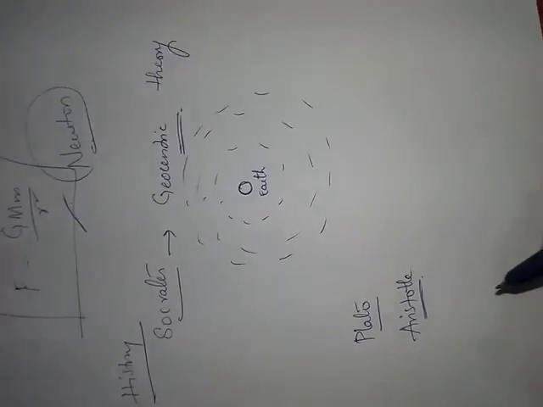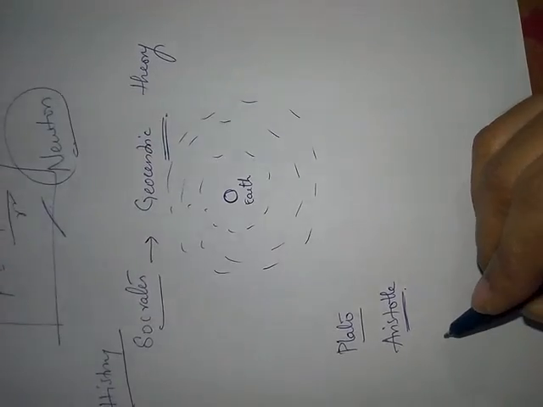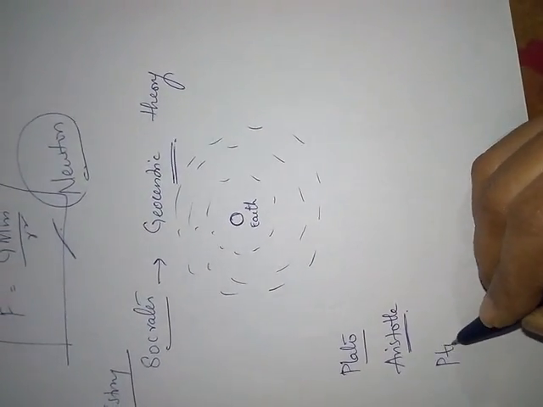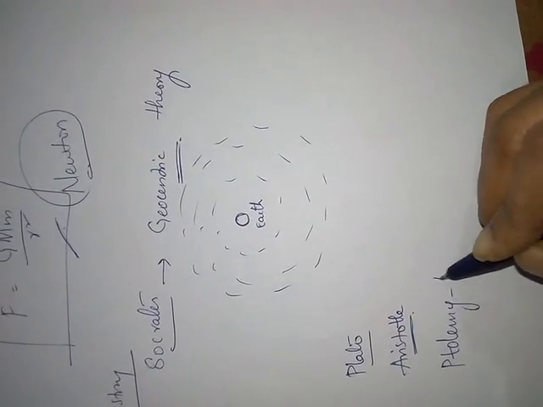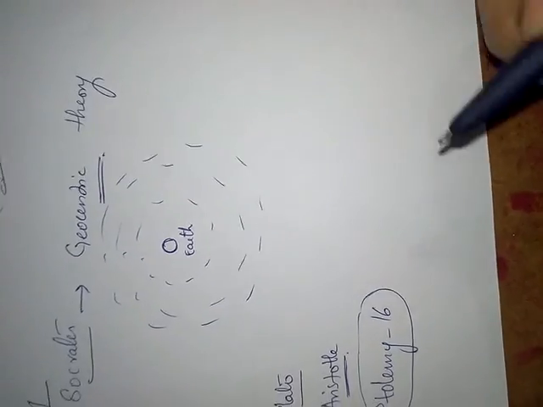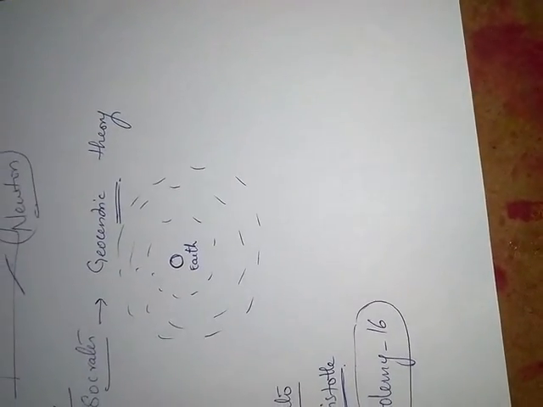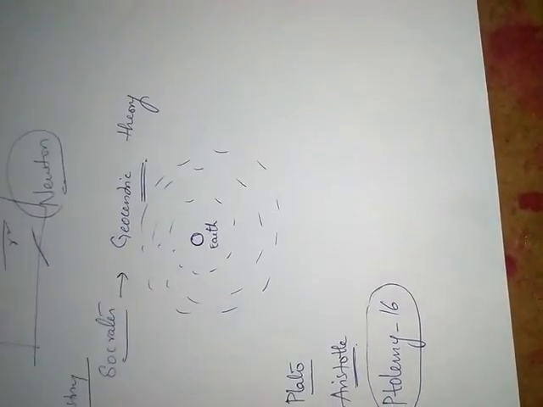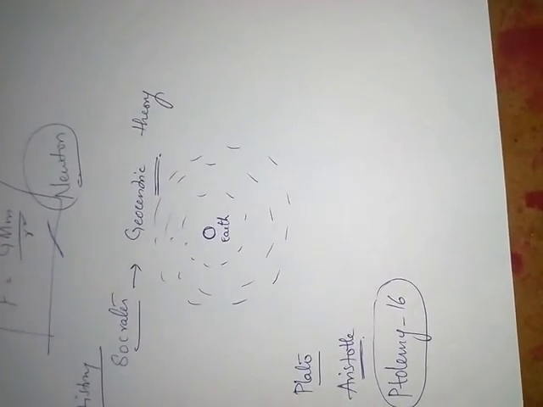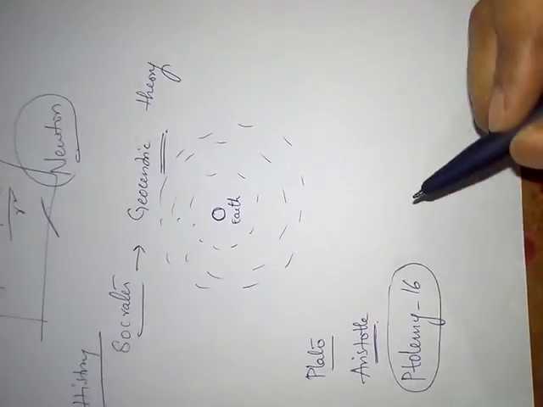Then after a certain period of time, we have a king called King Ptolemy of some Egyptian countries. In those days, the king's name was not prominent. Ptolemy or Pharaoh, these are actually the designations given.